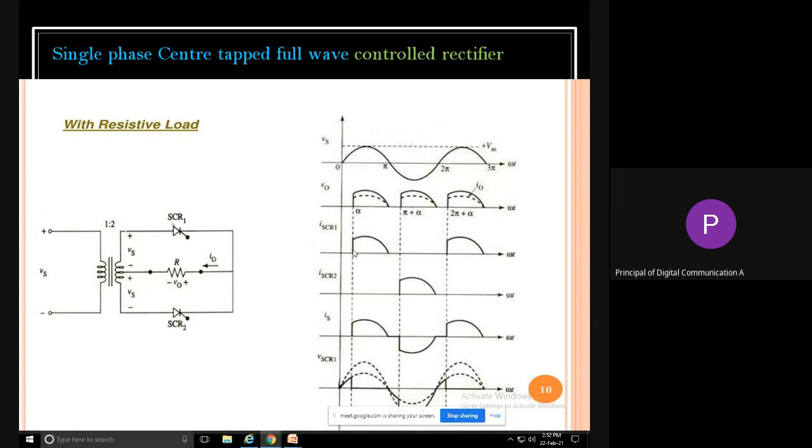decides when this SCR will get turned on and the output will appear across the output load resistor. So this is what SCR1 and SCR2 in the center tapped arrangement will do, it is going to work with resistive load definitely.